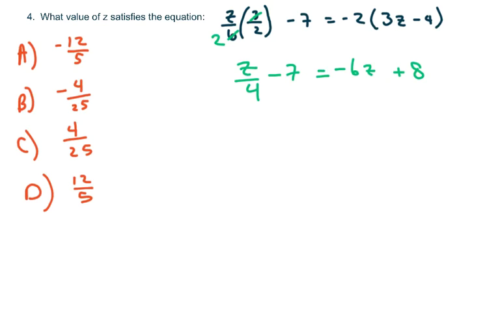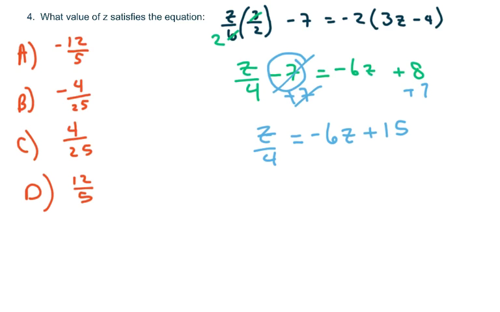Now, what I'm going to go ahead and do here is group my like terms and add 7 to both sides. That's not an a, that's a z. Okay, z over 4 equals negative 6z plus 15, because I'm just adding the 7 to both sides and getting rid of that.